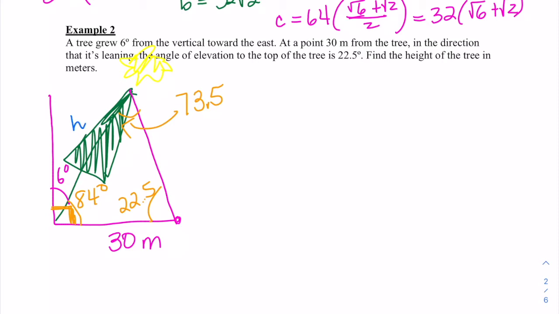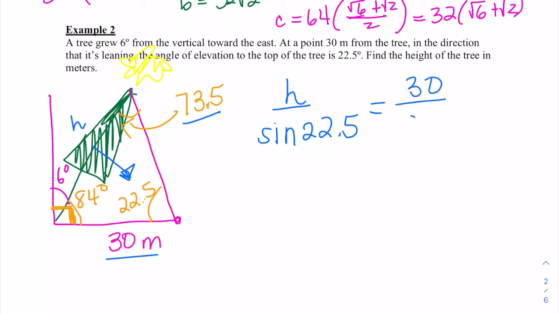Now, if we're going to find the height of the tree, put H right here, well, we need to use the angle opposite. And if we're given only this side, we're going to have to use the 73.5 to set it up. So since I'm solving for H, I'm going to use the law of proportions and reverse it. So we have H over sine of that opposite angle, 22.5, will equal 30 over sine of 73.5.